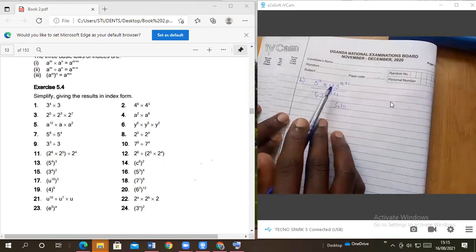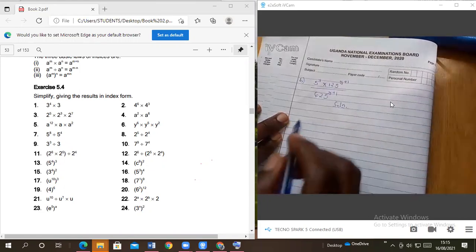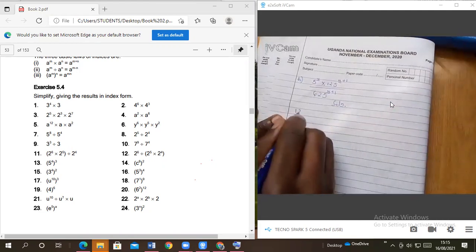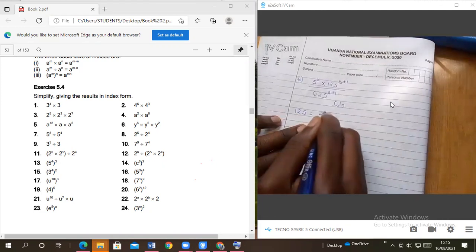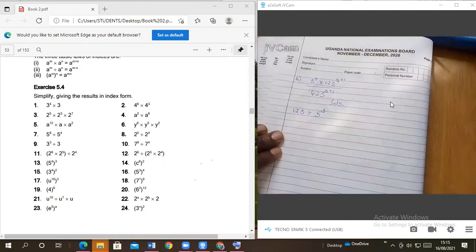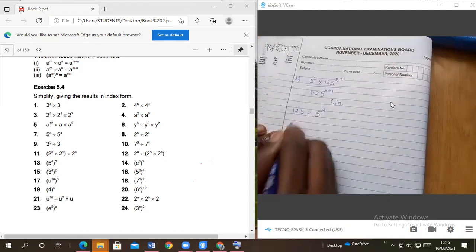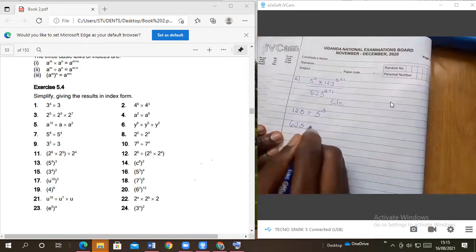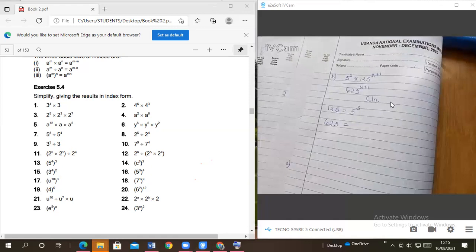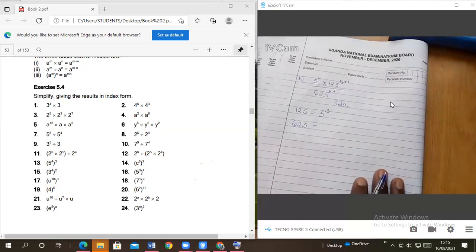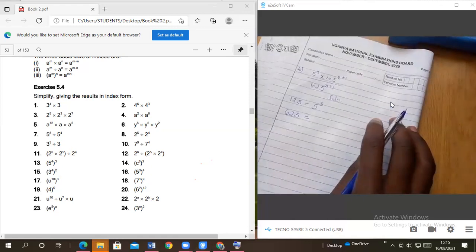Can you decompose 125? 125 is the same as 5 to the power 3. What about 625? It is the same as what? Can you work out that? It is 5 to the power 4.